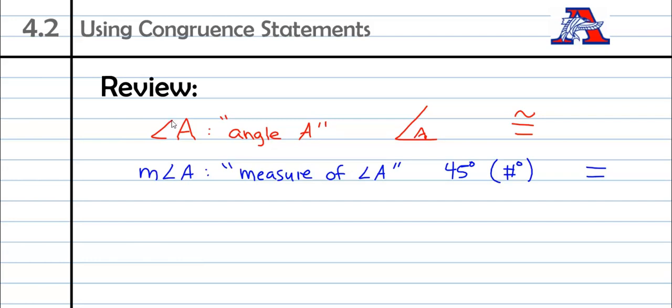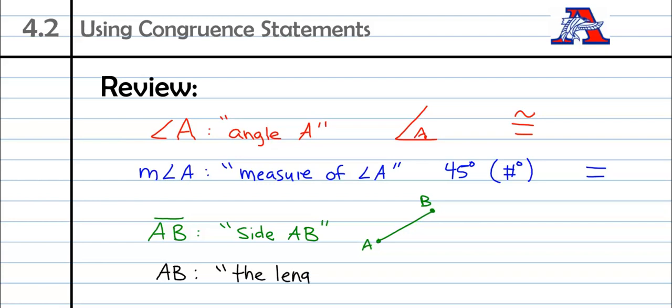Same thing is sort of true for something like this. If you said AB with the little segment bar over it, since we're dealing with triangles, you would read that as side AB. And I could draw you a picture of a side with endpoints A and B. If you see AB without the line on top, just this, you would read that as the length of side AB.